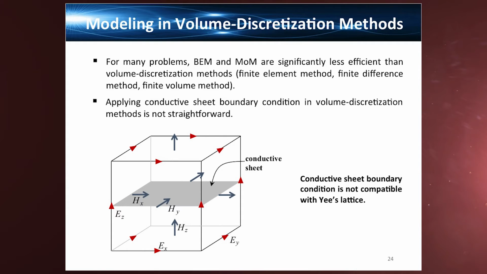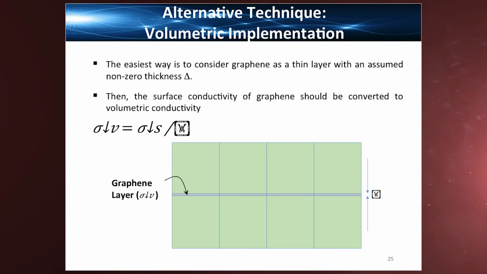There are two solutions for this problem. First, modeling graphene as a very thin volumetric layer. The easiest way is to consider graphene as a very thin volumetric layer with an assumed thickness of delta, and then convert the surface conductivity of graphene to volumetric conductivity by dividing it by the assumed thickness.